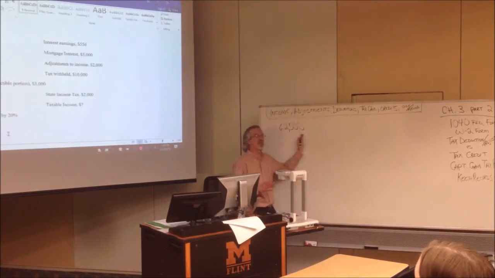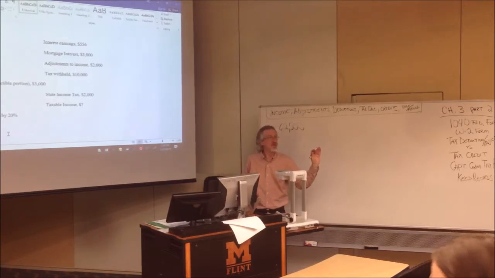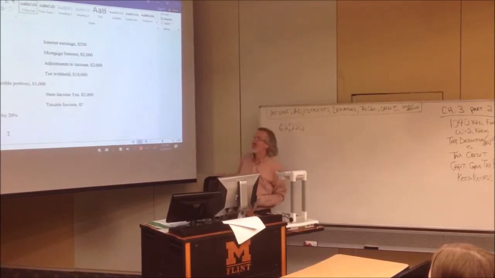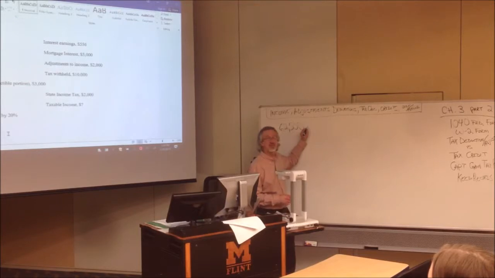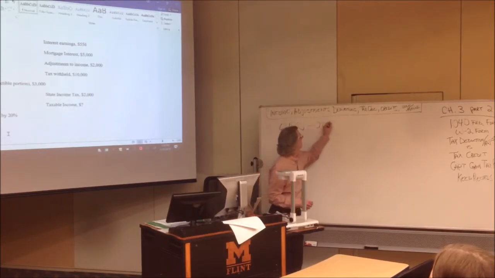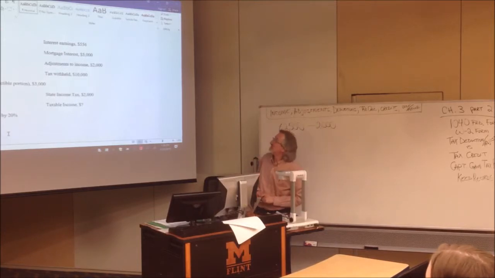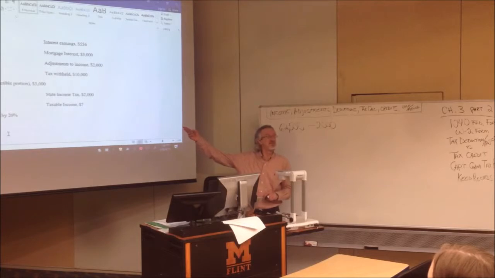What's the next step to get to adjusted gross income? What would be next? Adding and subtracting what? Look at here's the order. Adjustments, add or subtract the 2,000. What usually happens with adjustments? Subtract it. 2,000. Next is deductions. Itemized deductions, we don't know the itemized deductions. Matter of fact, are deductions before or after adjusted gross income?